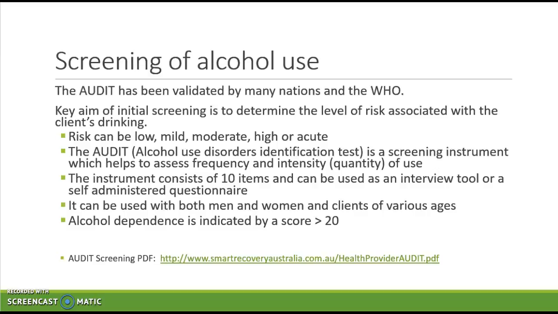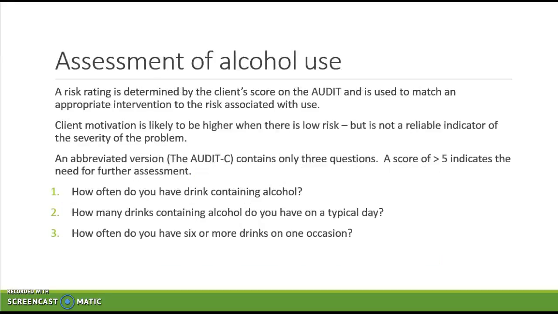And it can be used both with men and women at various ages. So we determine that someone has an alcohol dependence if they have a score greater than 20. And actually I've given you a PDF form of it by just clicking on that link I've provided.